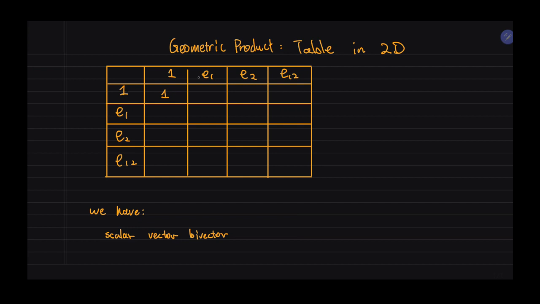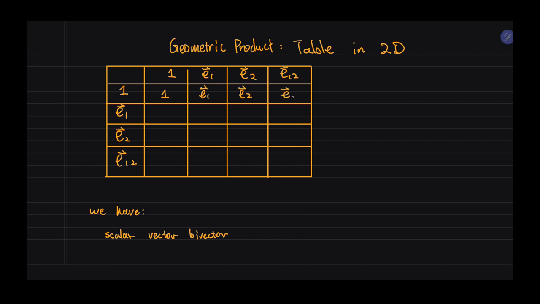And also the geometric product from scalar 1 to vector E1 is E1 because of the scalar property, and E2. And also 1 to the bivector E12. Oh, I should make a small arrow on the top for all the vectors.